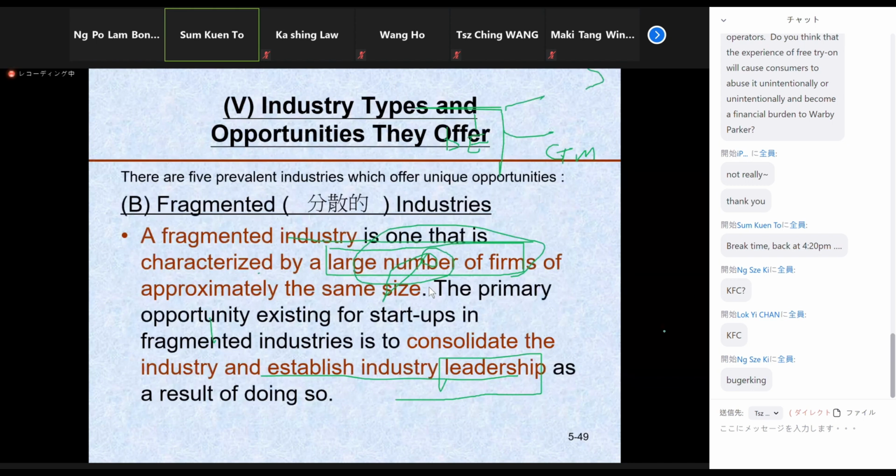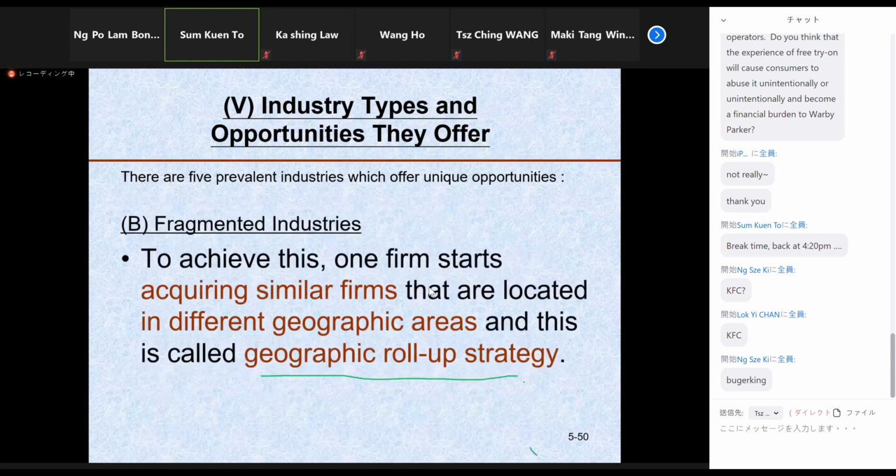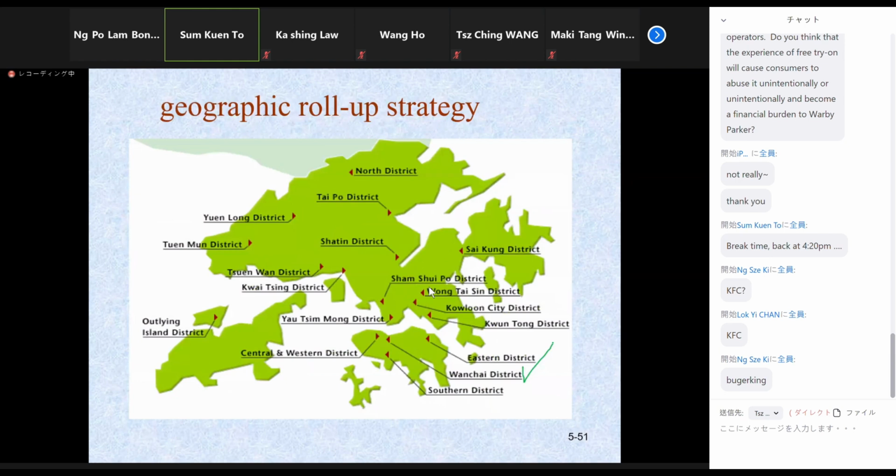So how does it work? You start in Sha Tin, and after you become successful, you might try to eat up the shop in Yuen Long. You can also try to buy the existing shops in Kowloon City, on Hong Kong Island, Central and Western District, all over.